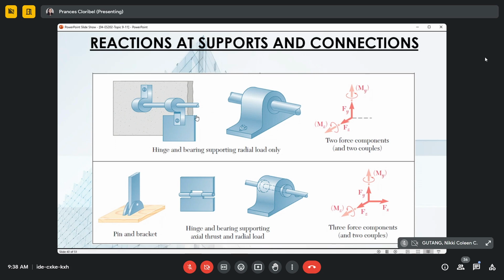So that, pag abot ninyo sa inyong free body diagram, dili ninyo na siya kalimtan kay remember in the conditions of equilibrium you have in your free body diagram also you have to identify all known and unknown forces.